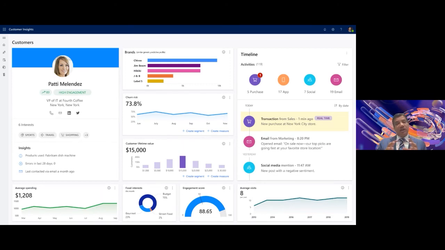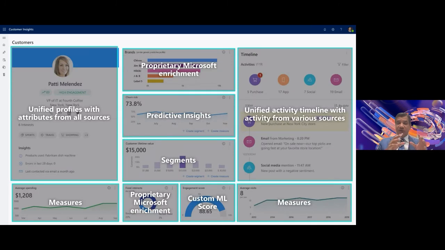Each of these are individual panels of information and predictive insights that have all been surfaced into the customer insights layer from underneath the Synapse processing layer, for whom the data had been aggregated to the data share and governed by Azure Purview. So that's how that entire stack is built out to deliver this unified view of the customer. So you have one profile with attributes from all sources.